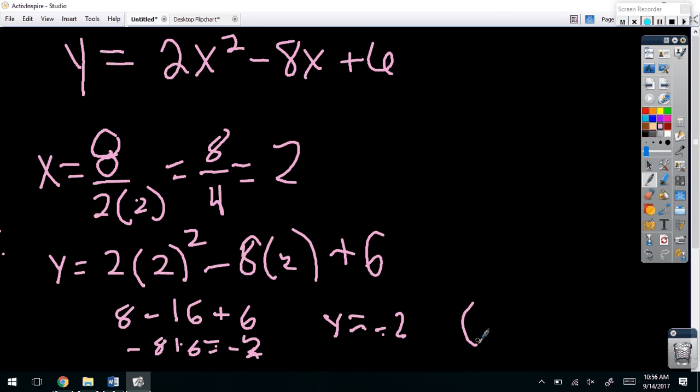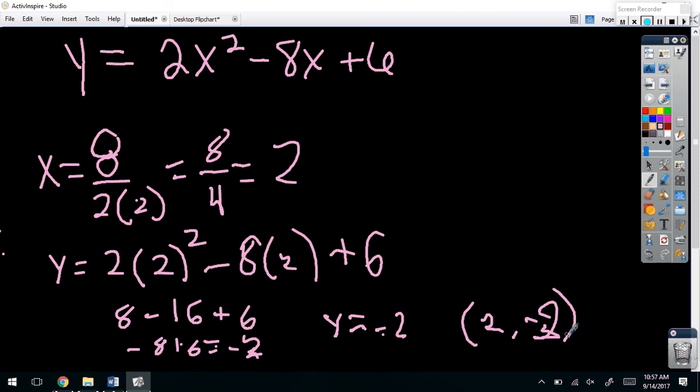So you'll go back and get your x, which was 2. Then you'll plug in your negative 2. It's 2 and negative 2.